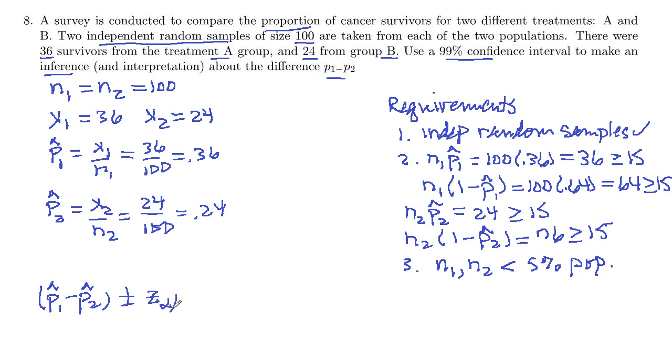So this is z alpha over 2, times our standard deviation of the sampling distribution for difference in proportions, which is going to be P1 hat times 1 minus P1 hat over N1. And then the same thing for N2, for population 2. So P2 hat, 1 minus P2 hat over N2.